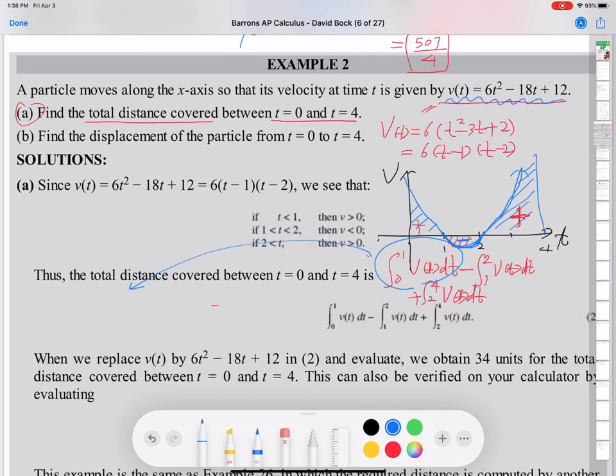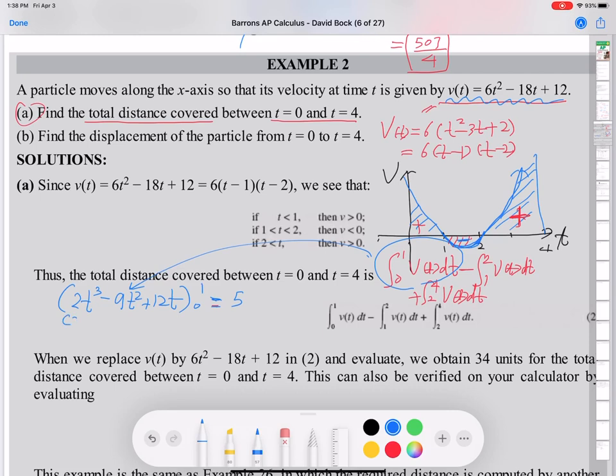So the antiderivative is 2t cubed minus 9t squared plus 12t, from 0 to 1, which is equal to 2 minus 9 plus 12, that's 5. So this part is 5. What about the second part, the integral from 1 to 2?